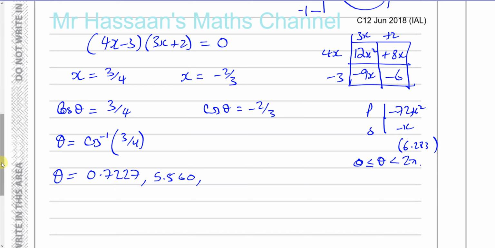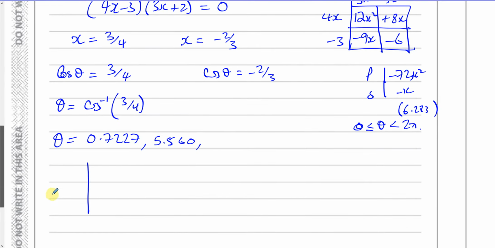Okay, so just to show you in terms of the quadrants, cosine is positive in the first quadrant and the fourth quadrant, A, S, T, C. So cosine is positive, A and C, these 2. And the angle that the calculator gave us first was this angle here. That's 0.7227.